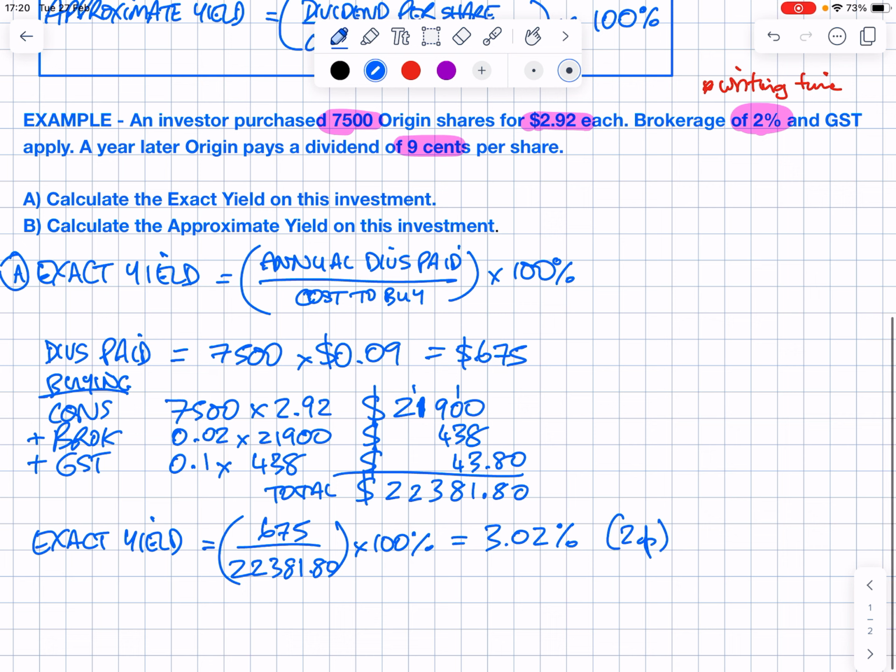Yield. So what is that saying? In basic terms, that's telling you that that $675 in dividends paid that I got in that year represents 3.02% of what I paid for the shares in the first place.